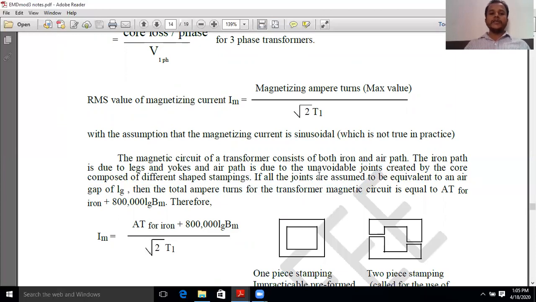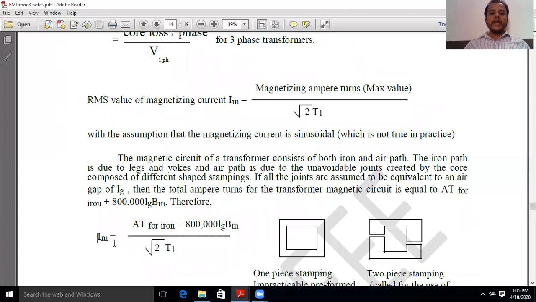If all the joints are assumed to be equivalent to an air gap of length Lg, then the total ampere turns for the transformer magnetic circuit is equal to at for iron plus 8 lakh Lg Bm.